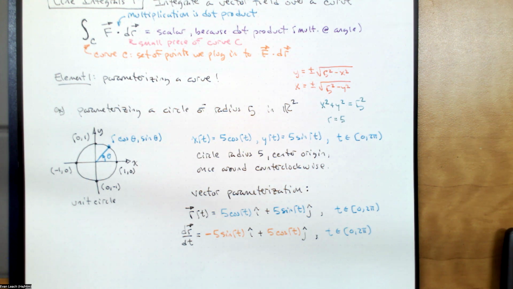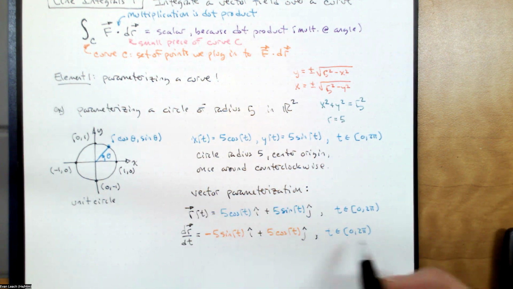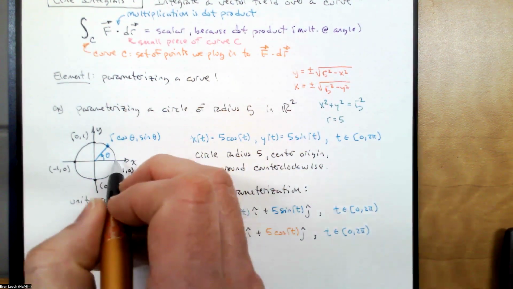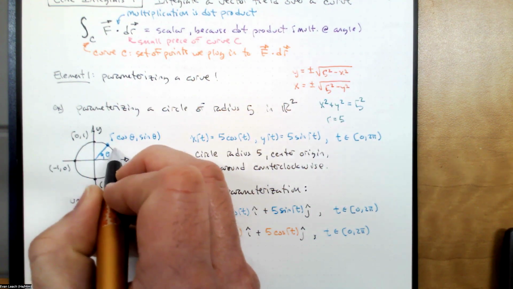Now, if we evaluate this dr dt at these values of t, we're going to see that we get tangents to the curve. So our drs are going to be, let's say when t is 0, we get 0i plus 5j. This is a unit circle.